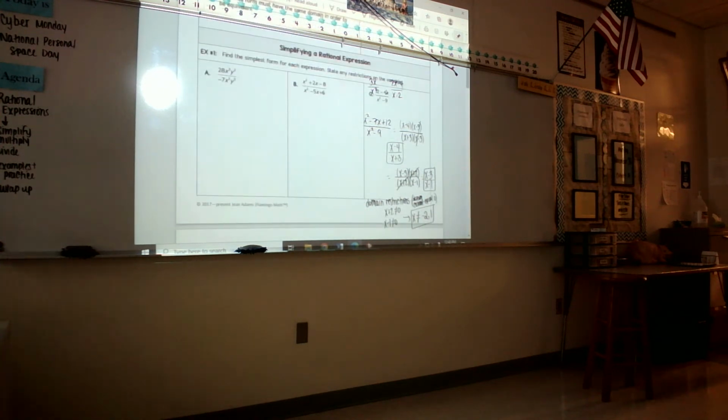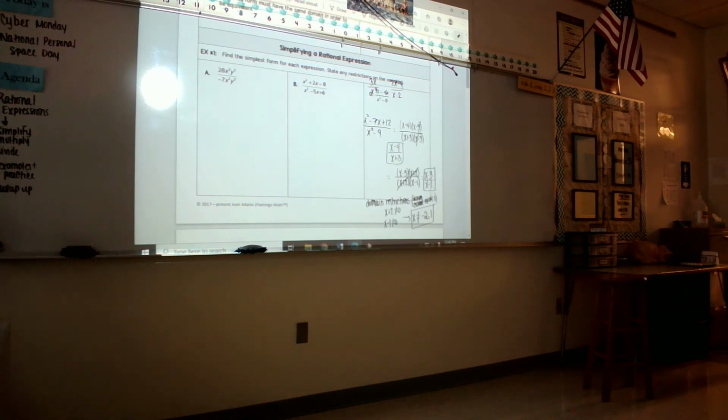Okay, so literally, when we're talking about rational expressions, we're just reducing fractions, and that's what we're doing for A. There's nothing to actually factor, so just reduce it like you would a normal fraction. If you're ever confused, back in the day, I never know if you do things in 8th grade or 9th grade with the Algebra 1 stuff.